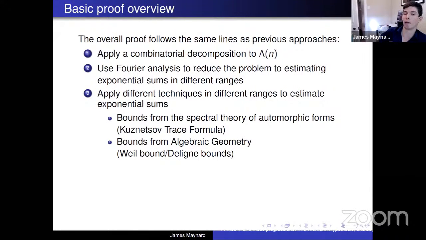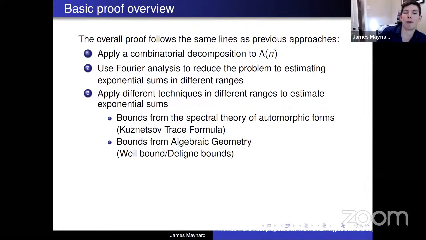And for this analog of the Riemann hypothesis for curves over finite fields, work of André Weil and then far-reaching generalizations of Deligne allow you to prove the Riemann hypothesis, and this corresponds to getting exceptionally strong bounds for certain exponential sums. And in some of these ranges, ideas coming from the spectral theory of automorphic forms are more powerful. In some of these ranges, bounds coming from algebraic geometry are more powerful.